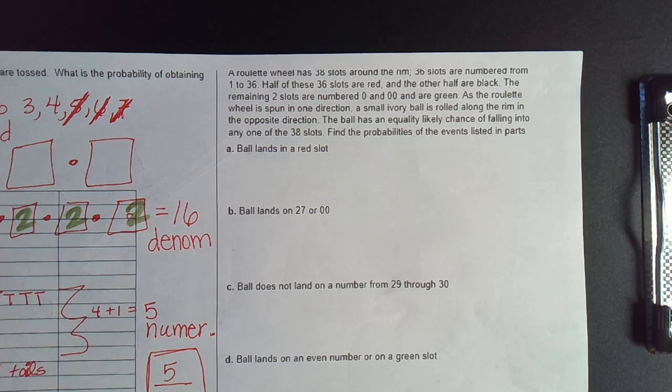The remaining 2 slots are numbered 0 and 00, and those are green. As the roulette wheel is spun in one direction, a small ivory ball is rolled along the rim in the opposite direction. The ball has an equally likely chance of falling into one of the 38 slots. Find the probabilities of the events in blah blah blah.